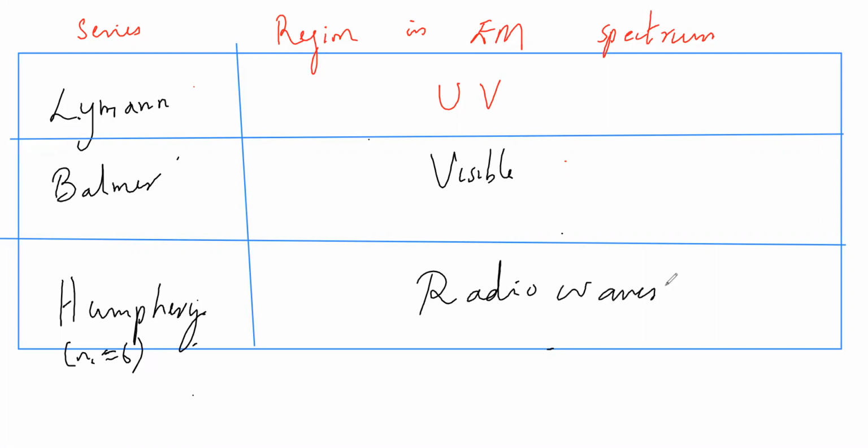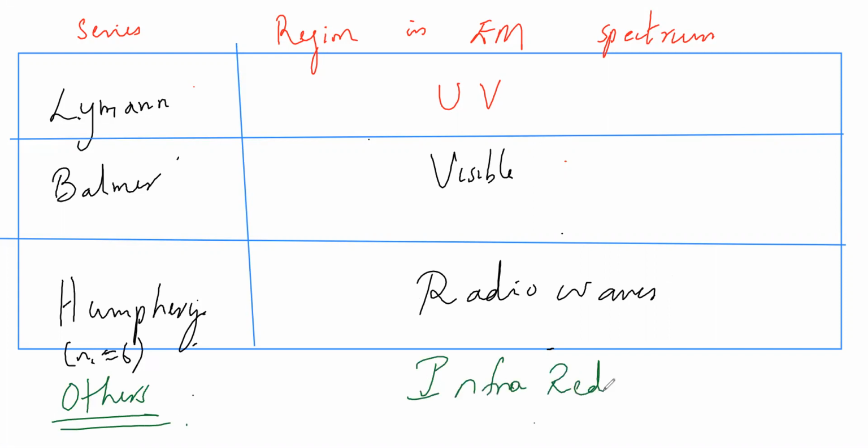And if you're wondering how to remember the others, I'll tell you. For the other series, you should just write infrared. That's it. Memory tip. So if you know these things: Lyman is ultraviolet, Balmer is visible, Humphreys is radio waves. Others are all in infrared.